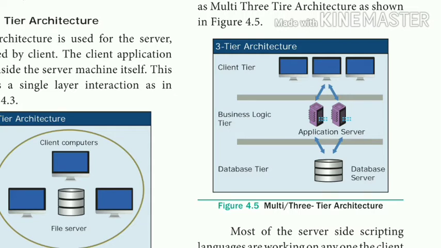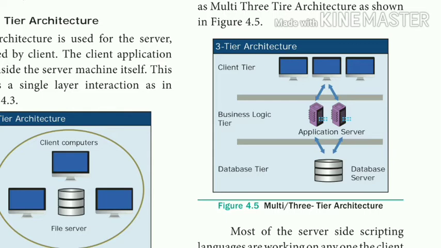On the client side there will be a browser or some application. In the application server there will be some actions: if this request comes, then this action must be done.